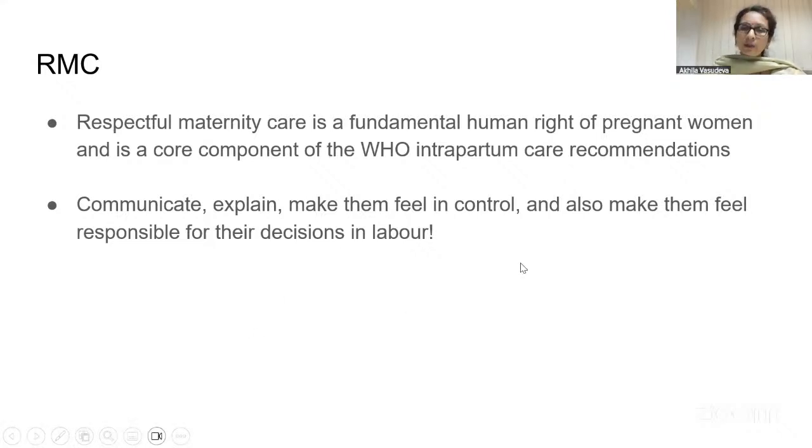Definitely not all, but to a large extent we can avoid issues that happen around labor, because when we make them responsible for their decisions, obviously we tell them the small risks of uncertainties also which are involved in labor. And when you communicate these issues very well, they already understand that there are uncertainties, there are certain issues which may arise in the second stage.